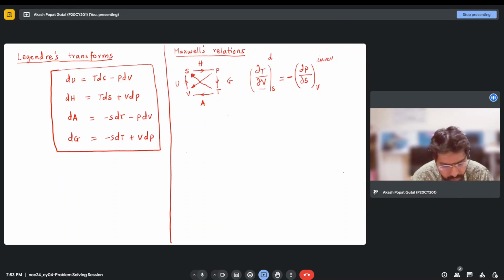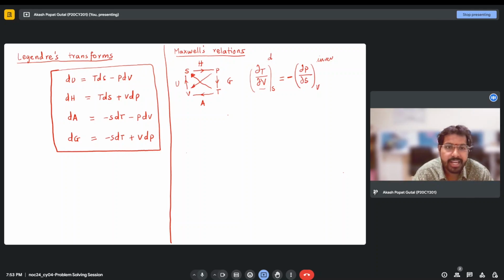Why? Because as T and V are directly proportional, positive change in volume will bring positive change in temperature, which make this left hand side as a positive. But in case of right hand side, positive change in pressure will cause negative change in entropy, which actually gives you the negative number.